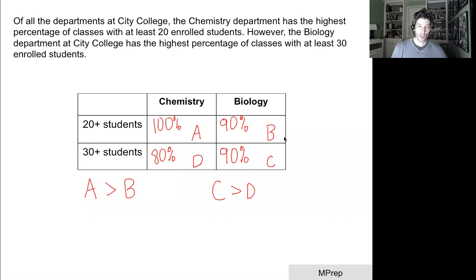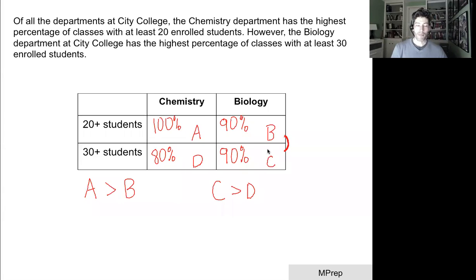Now here's the rub. What's the relationship between B and C? Because if I know this relationship, I should be able to link all of my letters. Think about the relationship between 20+ students and 30+ students. It's not necessarily that B has to equal C. It does here, it just happens to here.